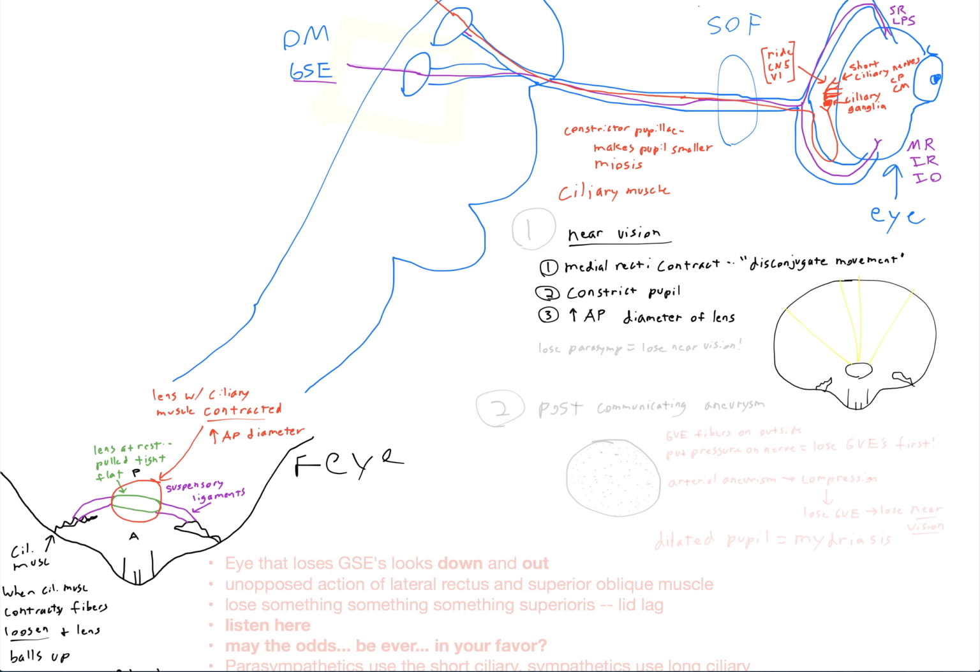The next thing that I want you to know is posterior communicating artery aneurysm. In the course of the nerve, it actually passes right beside the posterior communicating artery.